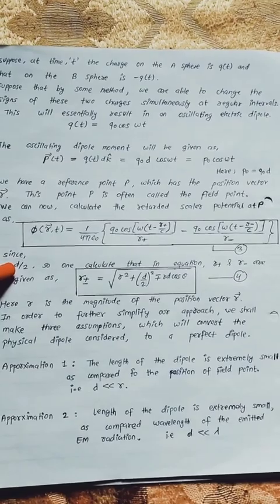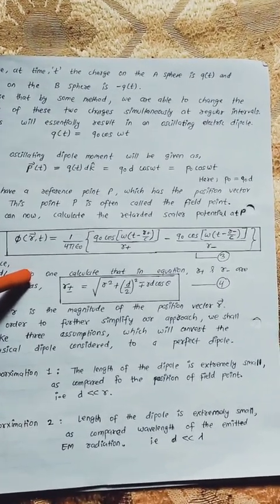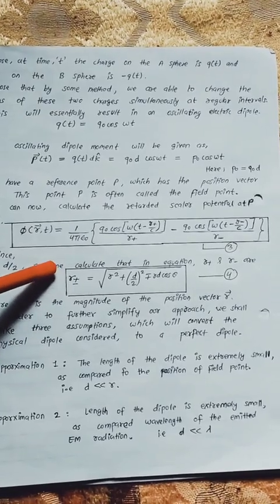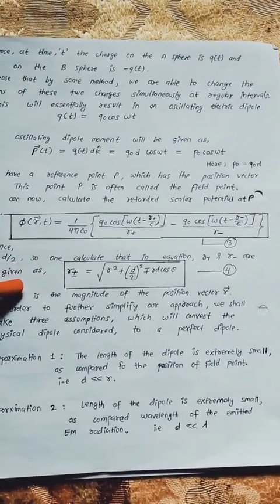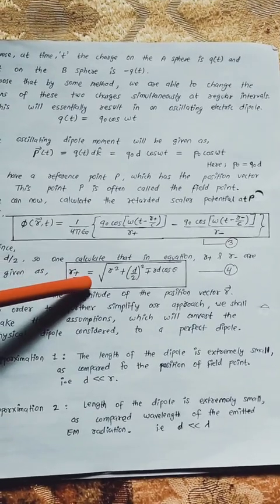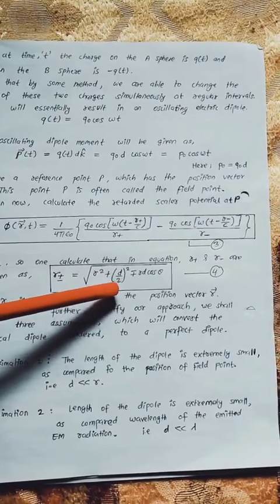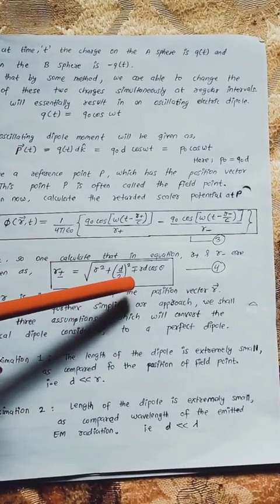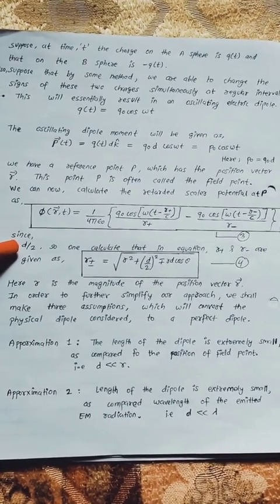Since the distance is d by 2, we calculate that in the equation for r plus and r minus, given as r plus minus equal to r square plus (d by 2) square minus plus r d cos theta. Here r is the magnitude of the position vector r.